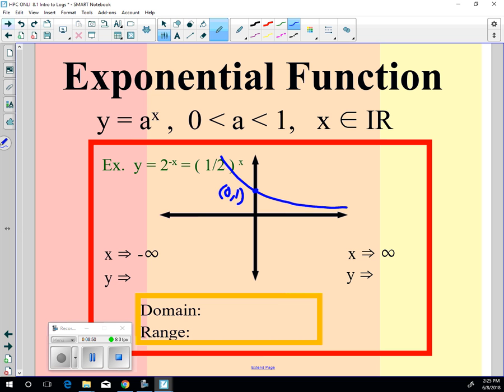But as x goes to negative infinity, it's going to go up to infinity, and as it goes to positive infinity, it's going to go to 0. So my domain is still all reals, and my range is 0 to infinity. So we have the same range and domain, it's just flipped over the y-axis.